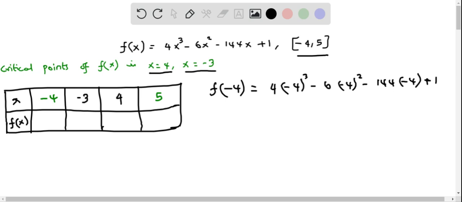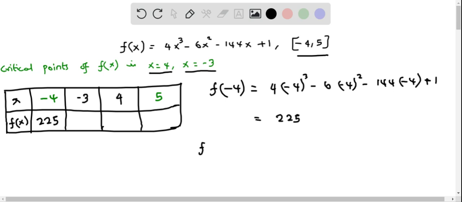And so this evaluates to 225 when we plug this expression into the calculator or do it by hand. So I'm going to put 225 into this box.